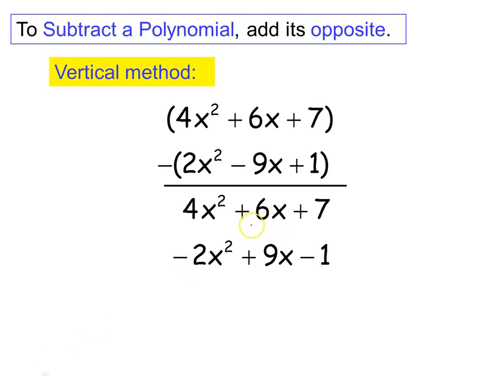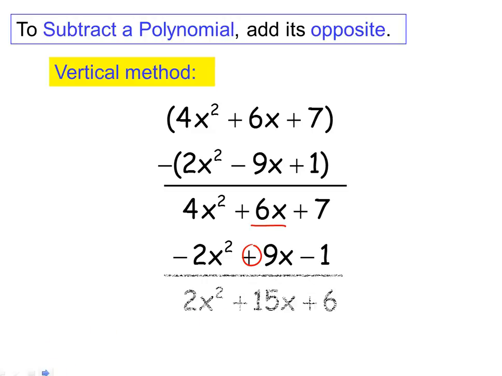We have the 6 x's, and now minus 9x gives me positive 9x, so I end up adding my x's. And 7 minus a positive 1 is 7 minus 1 for 2x squared plus 15x plus 6.